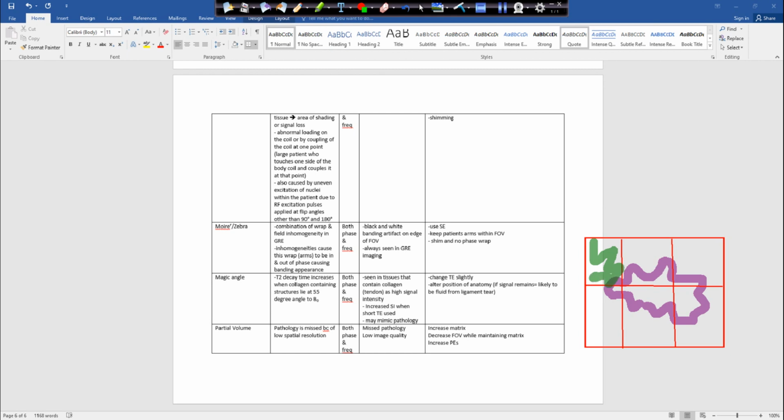So this is some shade of gray. But then these right here that have more pathology will be a little brighter. So now that we're able to differentiate the signals from voxel to voxel, the radiologist will be able to tell that there's a pathology. Okay? So that's partial volume.